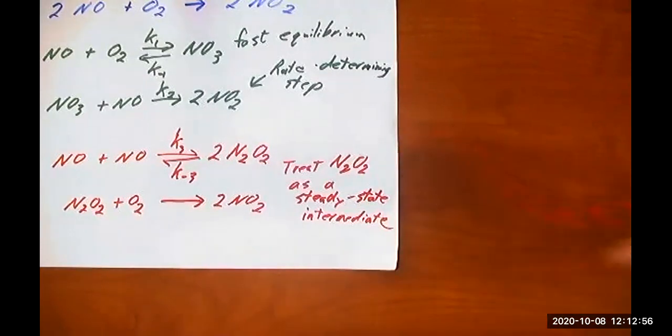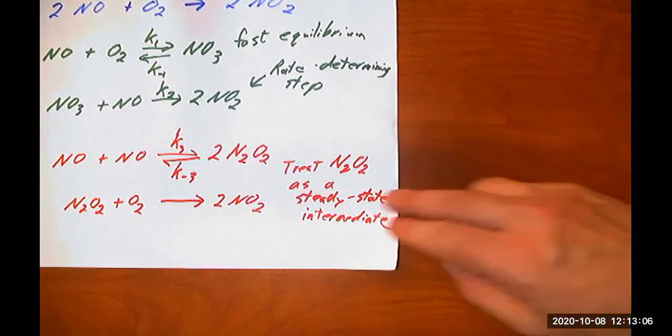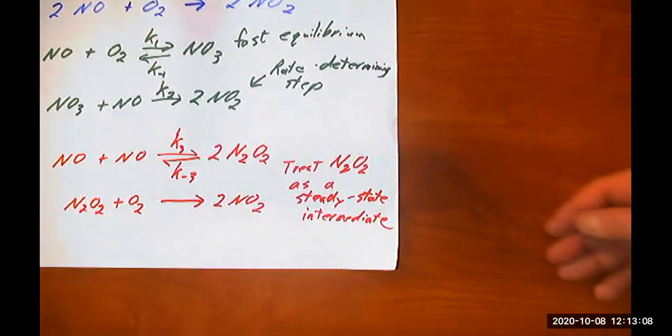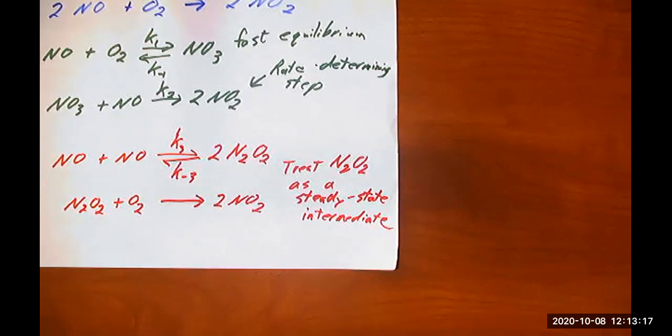So in the context of getting a question like this, you would be told all of this information. You would not have to figure out what the rate determining step is. You would not have to determine whether you should use the steady state approximation or not. You would be told that kind of information. Okay. Do you have any questions on the setup of the problem here before I get into analyzing these mechanisms?